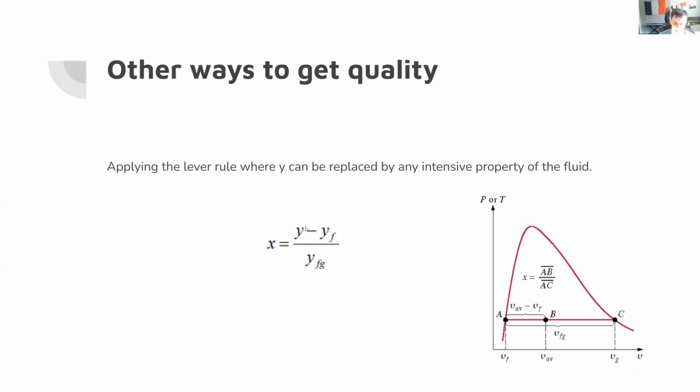So the specific volume of the mixture minus the specific volume of the saturated liquid at quality 0, divided by the specific volume of the saturated vapor on the line minus the specific volume of the saturated liquid on the line here at A. So VC minus VA, pretty much.